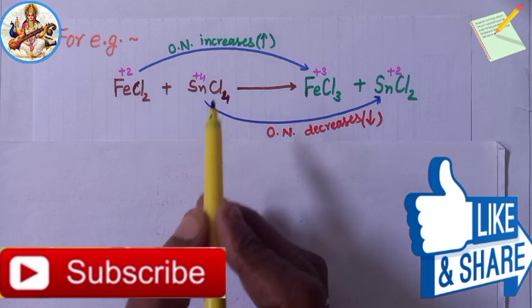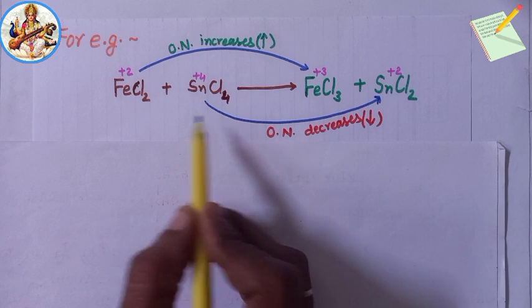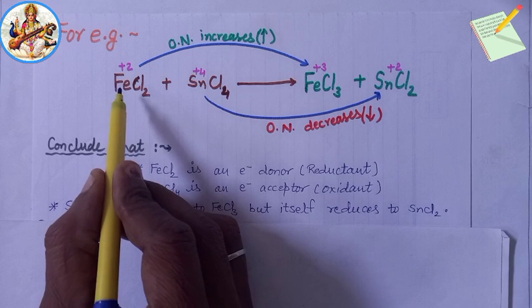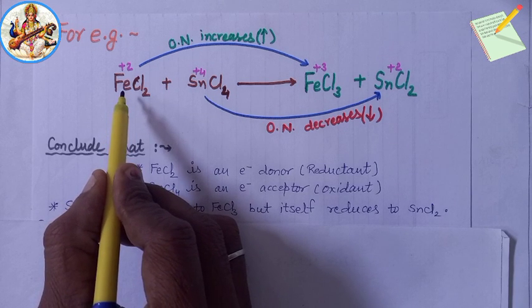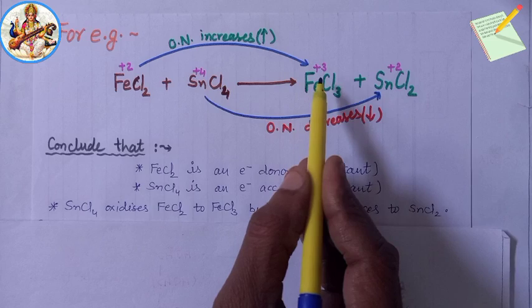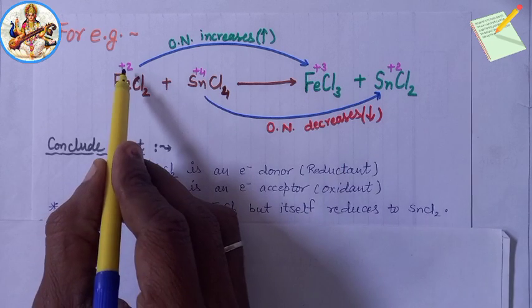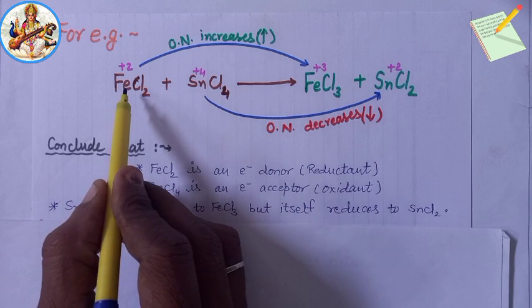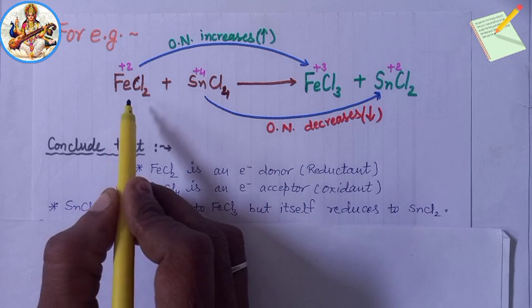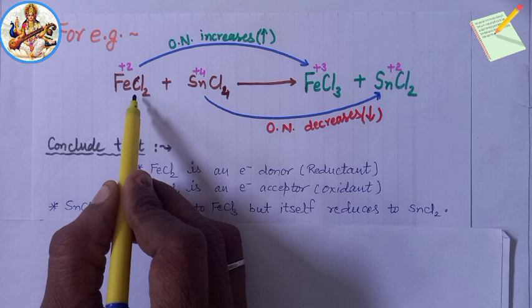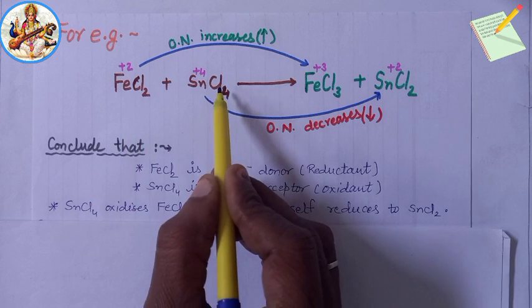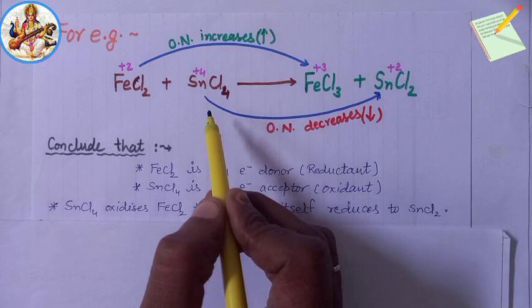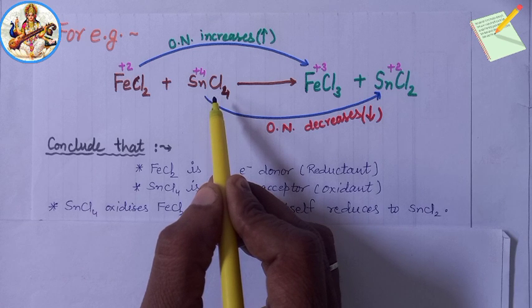Thus, we conclude that in the reaction, FeCl2, ferrous chloride, is an electron donor. Here, the oxidation number is increased, so ferrous chloride is an electron donor, meaning a reductant. On the other hand, SnCl4 is an electron acceptor.